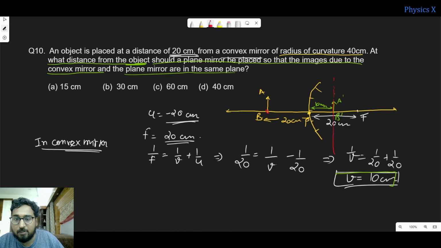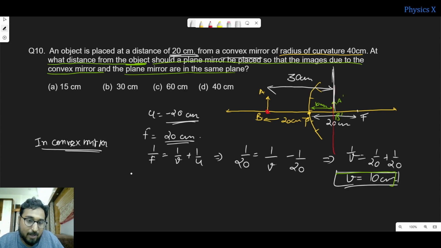So what about this total distance? This is 20 centimeter and this is 10 centimeter. This total distance is 30 centimeter, right? Now he is asking where should I place a plane mirror so that the image will be here only?